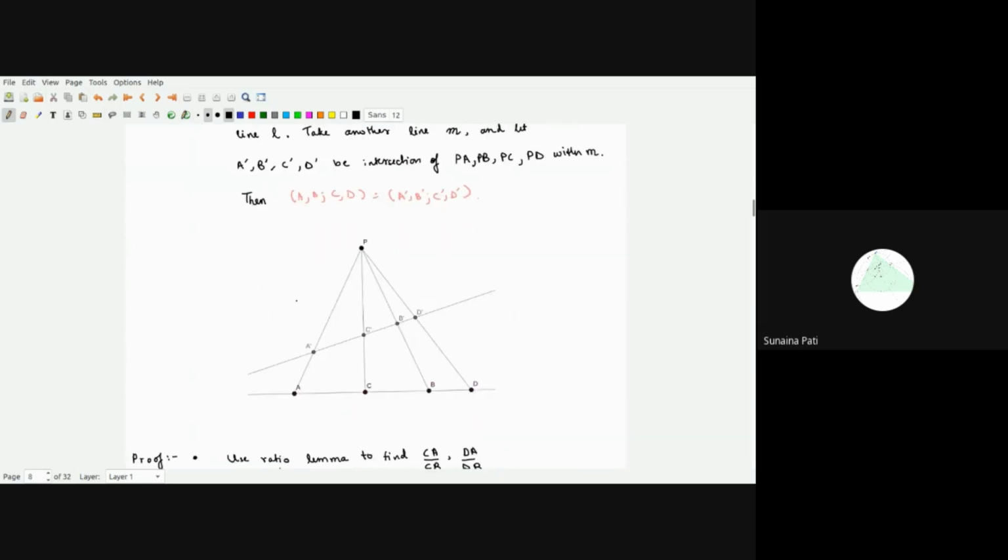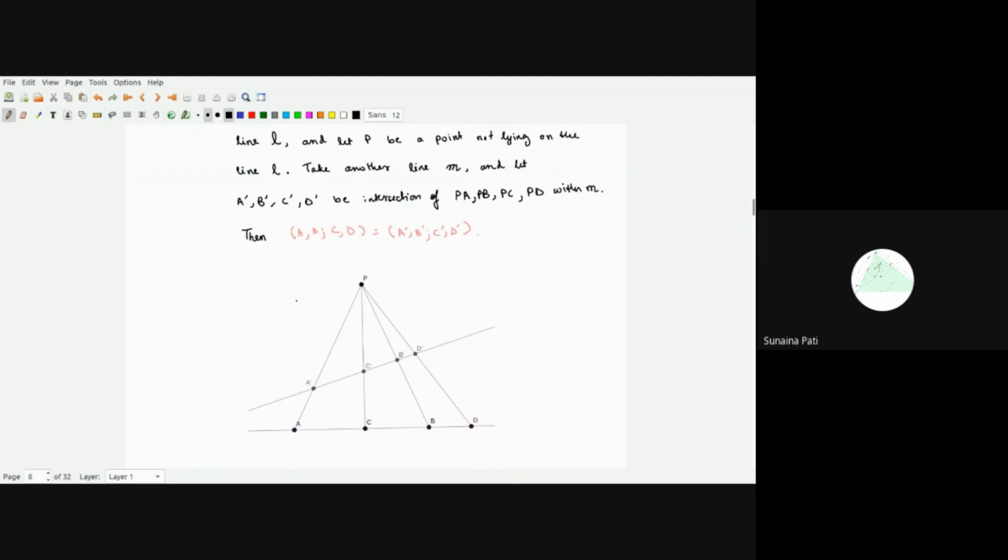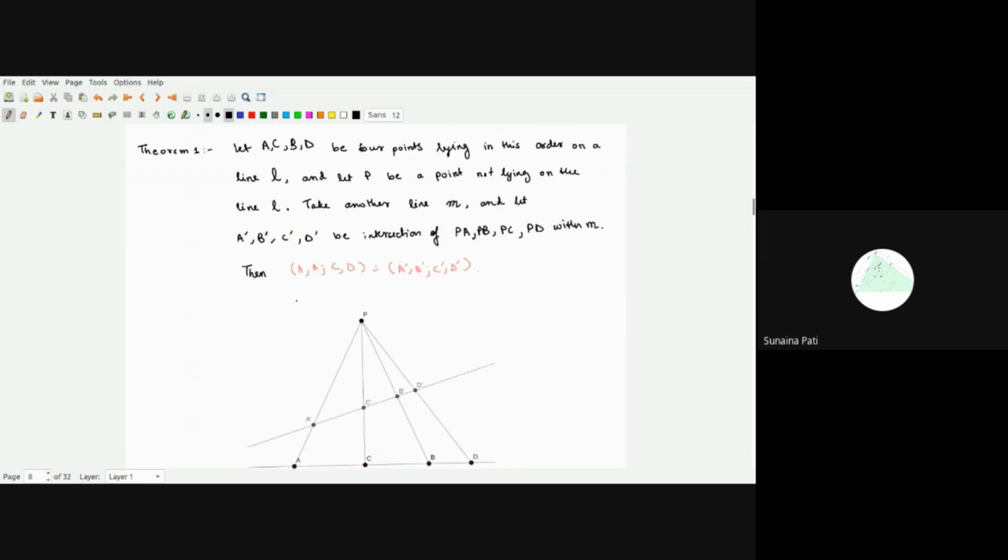So here's the thing. If you have A, C, B, D as 4 points lying in this order on a line L, and you have a point P not lying on line L, then take another line, say N, and consider the intersections and call them A dash, C dash, B dash, D dash.